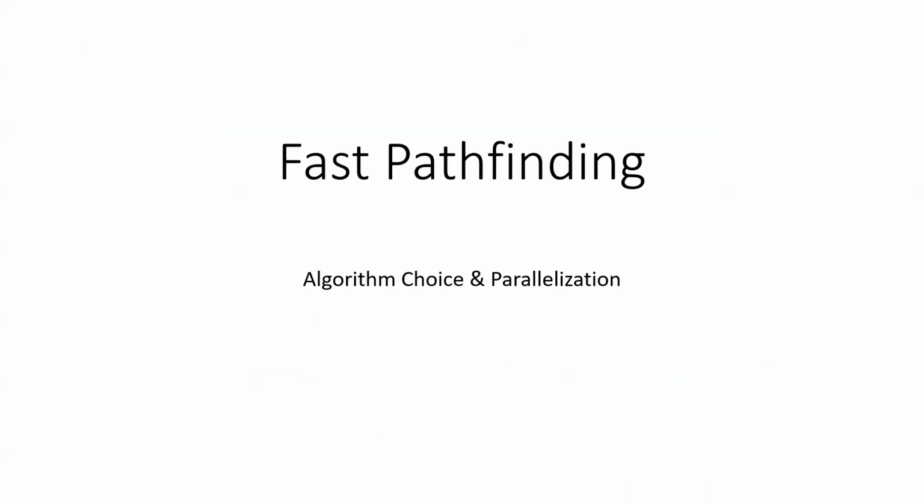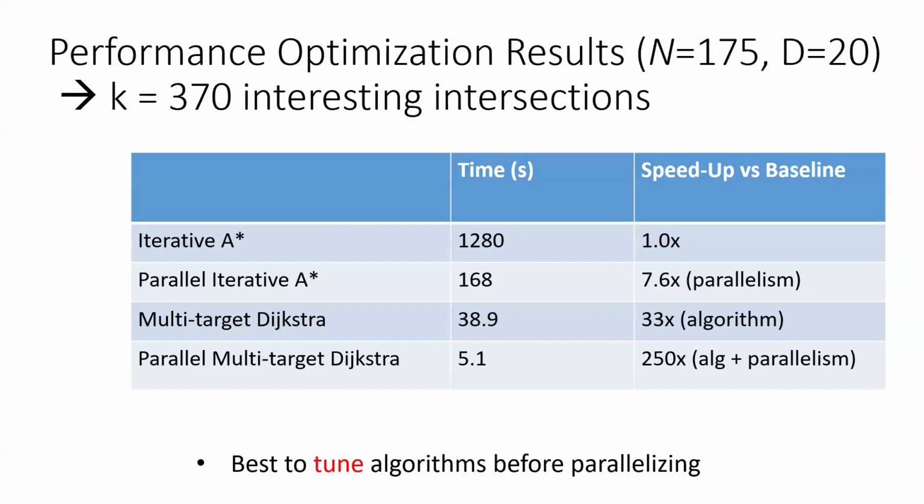If we combine the fast pathfinding algorithms with parallelization, these are the data we collected for n equals 175, d equals 20, and k equals 370 interesting intersections. The baseline is the iterative A star that takes k squared v log v.